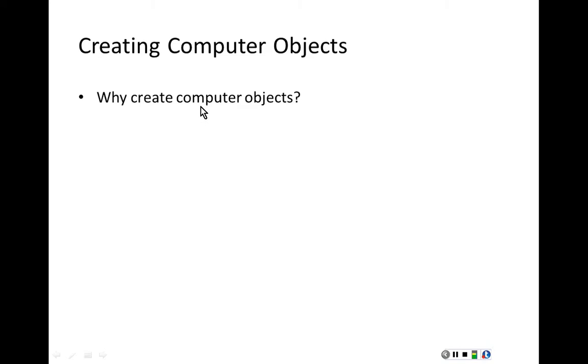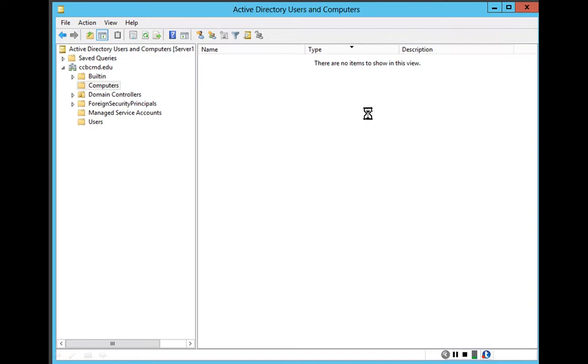But why would I create a computer object? And the answer is so that computers can be centrally managed. So you don't have to walk around each individual computer to configure it, so it can be configured centrally from the domain controller. To do that, we can use Active Directory Users and Computers.